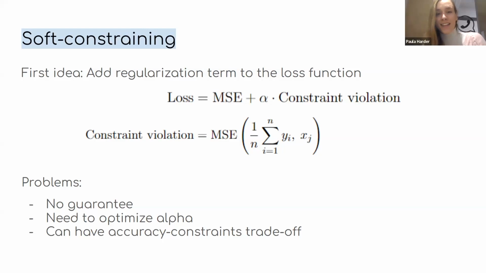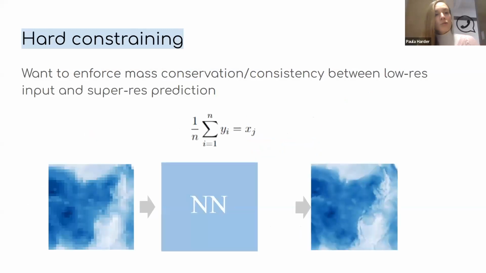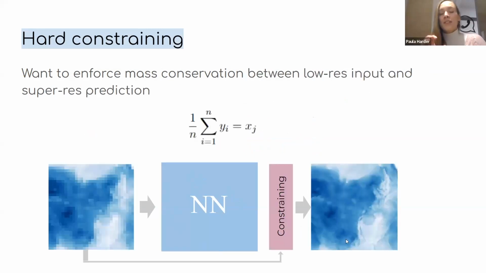And that's what motivated us to look into what we call hard constraining. The idea here is that we have our input, it goes into our neural network, and we have our final output, and we want to put something at the end that enforces some constraint like this, guaranteed.